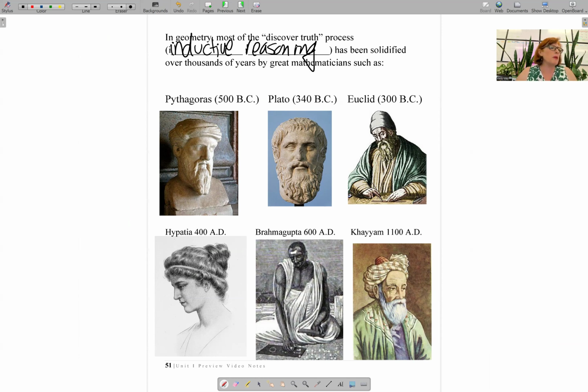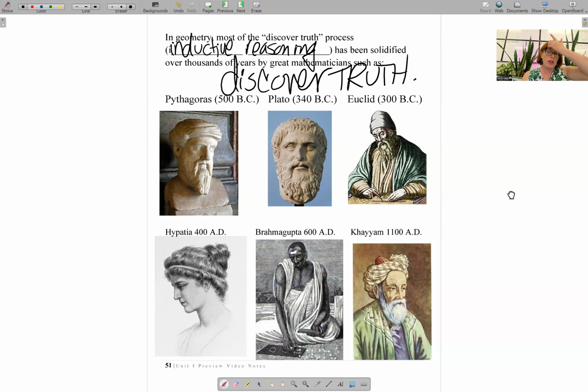What are some of the famous people that did the heavy lifting for the inductive discovery of truth? In geometry, probably the most famous or infamous, depending on how you look at it, would be Pythagoras, around 500 BC, Plato, Euclid, you probably even heard the term Euclidean geometry, Hypatia, 400 AD, Brahmagupta, 600 AD, Khayyam, 1100 AD.